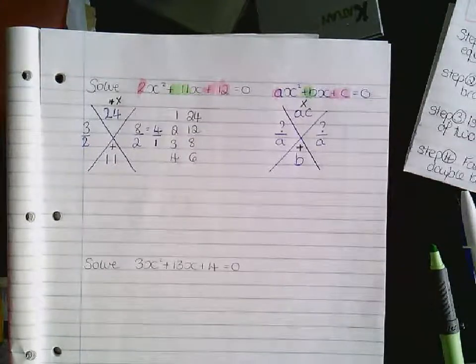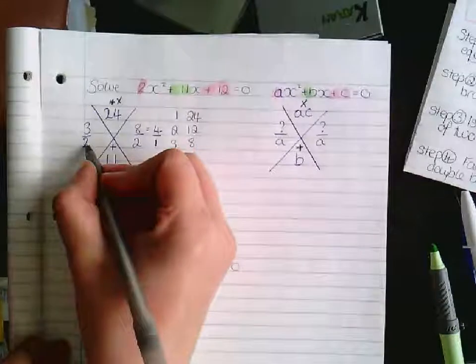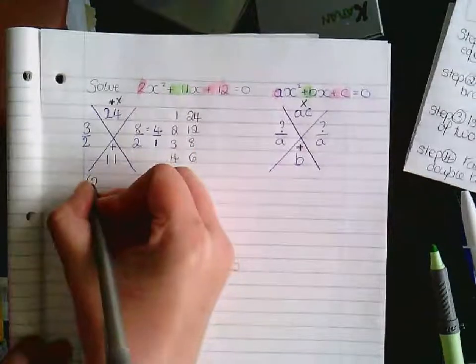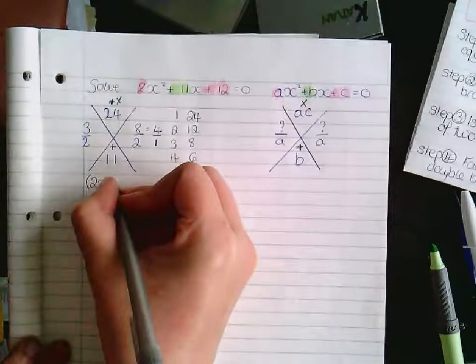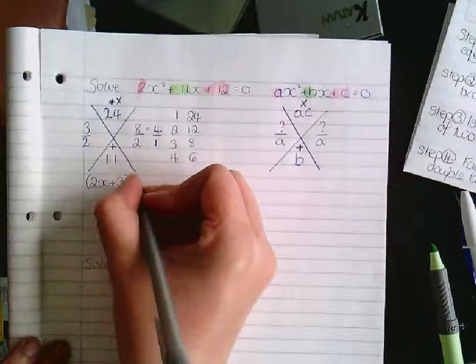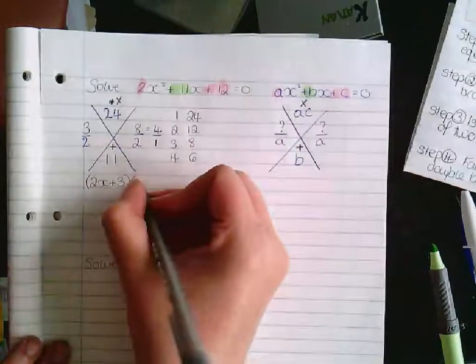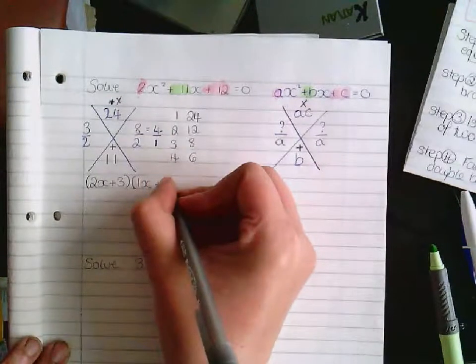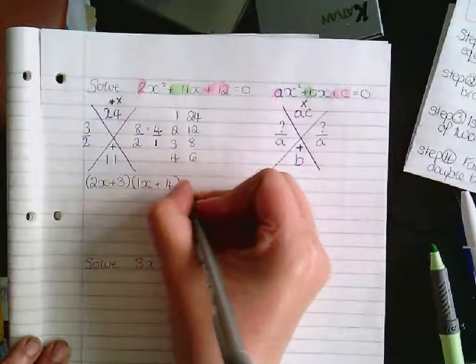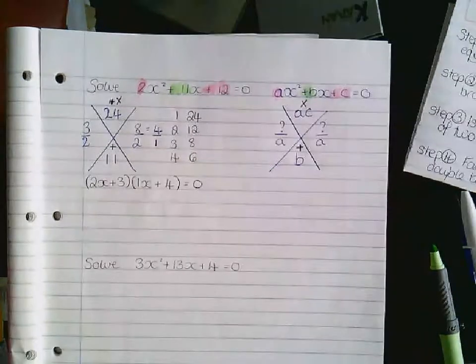Because the way I get my solution is this number here is always the number in front of the x, and this number here is the one on the top. Again, the simplified one, this is the number in front of the x, this is the number at the end, and that is your factorisation.